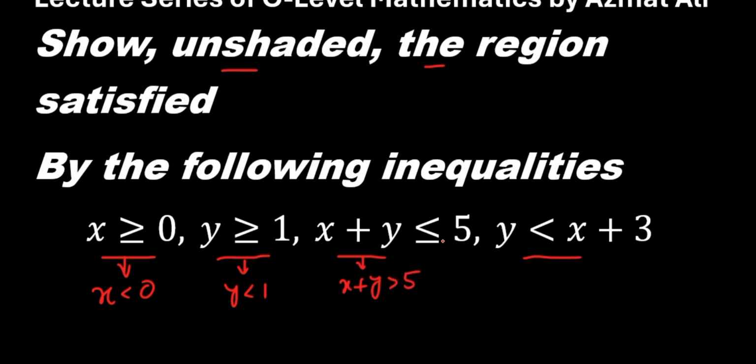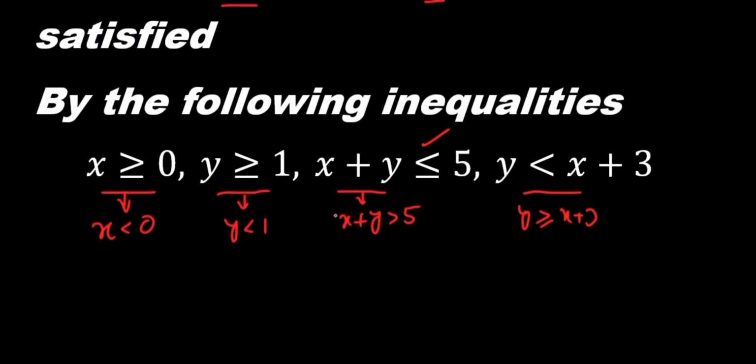That is simply obtained by taking the opposite sign to less than or equal, that is greater than. Similarly, the inequality opposite to y less than x plus 3 is y greater than or equal to x plus 3. So firstly, we will find the inequalities opposite to the given inequalities.